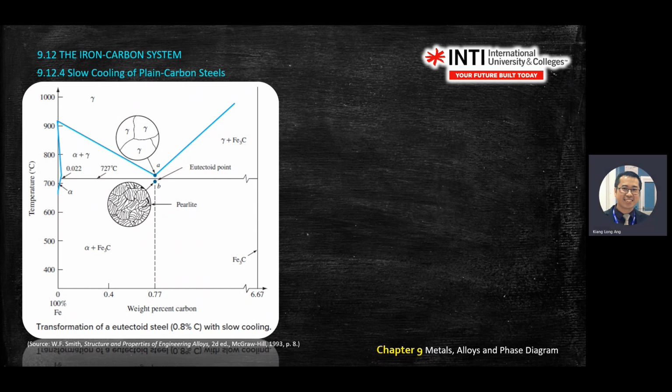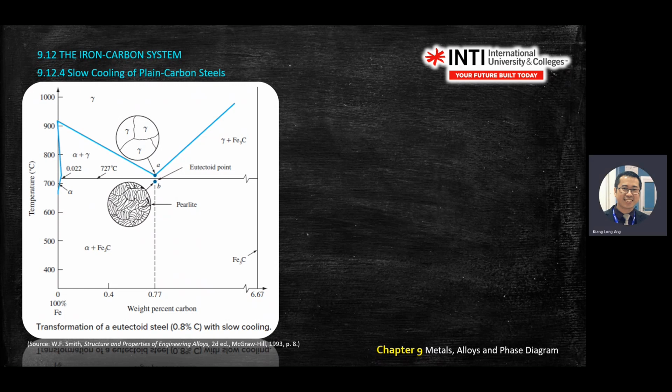And recall why 6.67%? Because we're dealing with alpha, gamma, and Fe3C. We have BCC structure and FCC structure. So it's because of the crystal structure, and the temperature changes the crystal structure.